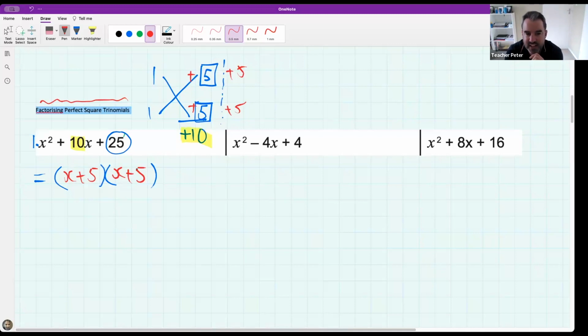You can see that that's going to work out. And another way of writing that is just going to be x plus 5 squared. Now, I'd love someone to come online and ask me a question, but if you can do that, then I want you to move over and do this one and also do this one.